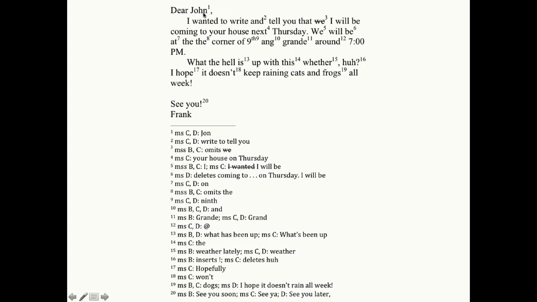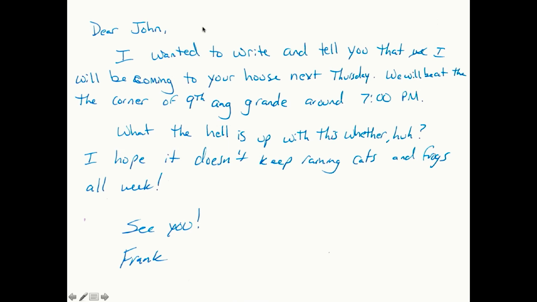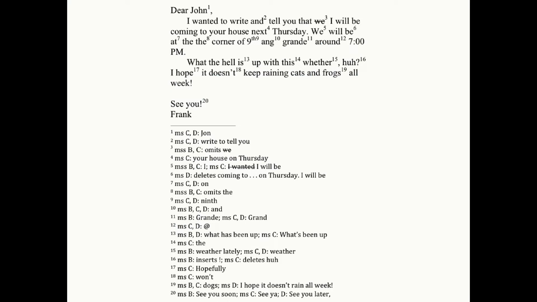So, for example, if you read this, "Dear John," this text up here represented the original. If you look, it represents this original letter that I wrote, the autograph, right? "Dear John." Well, if you look at the footnote here, manuscripts C and D, instead of writing "John," they wrote "Jon."